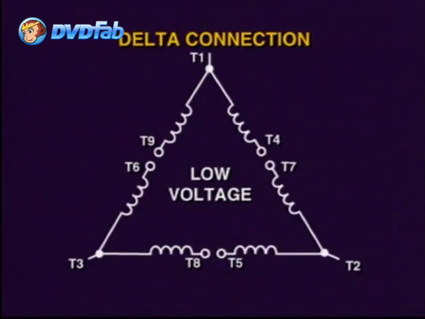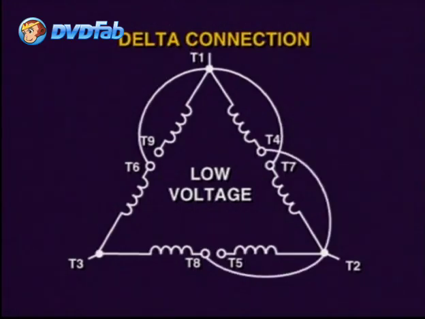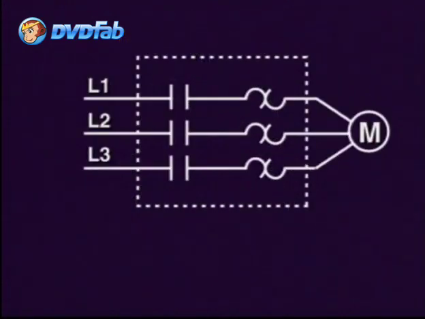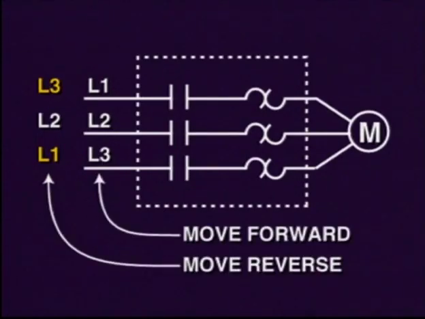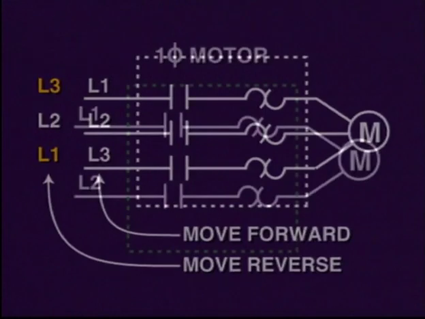For a low voltage configuration, we would connect terminals 1, 6, and 7 together, 2, 4, and 8 together, and 3, 5, and 9 together. As we'll see later, if we interchange terminal leads 1 and 3, it will change the direction of the motor rotation from clockwise to counterclockwise, or, in other words, from forward to reverse.